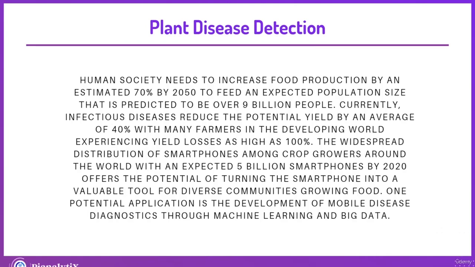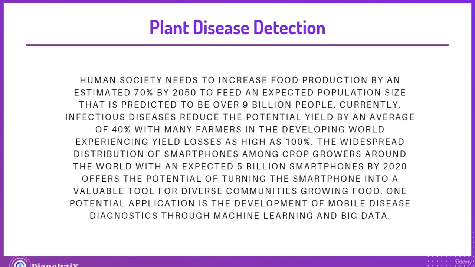And the widespread distribution of smartphones among crop growers around the world, with an expected 5 billion smartphones by 2020, offers us the potential of turning the smartphone into a valuable tool for diverse communities.